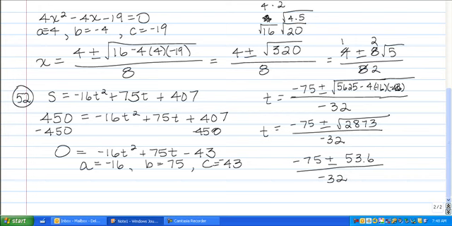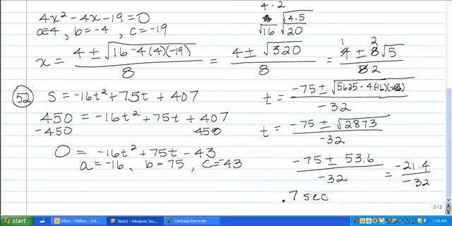So if I take negative 75 plus 53.6 and get negative 21.4 over negative 32, I get positive 0.6687, so that's about 0.7 seconds.